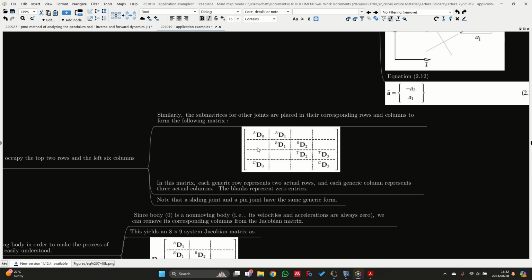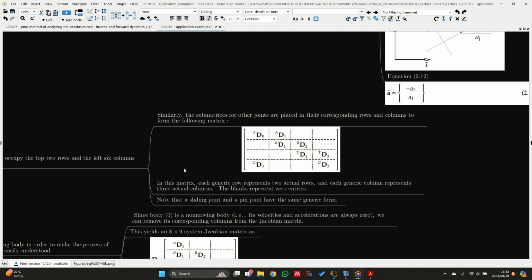So you'll notice whenever I set up this type of submatrix, if I go from row 1 to row 2, row 3, row 4, then the joint is the one that's changing, so it's A, B, T, C. And if I move across the columns, column 1, 2, 3, then it refers to the body that I'm working with, so 0, 1, 2, and 3.